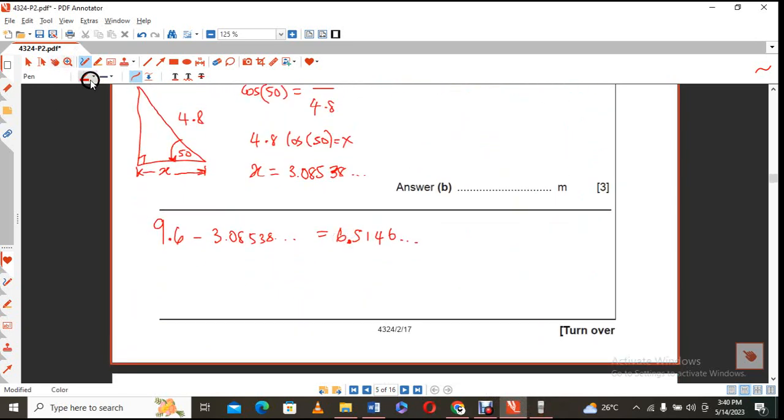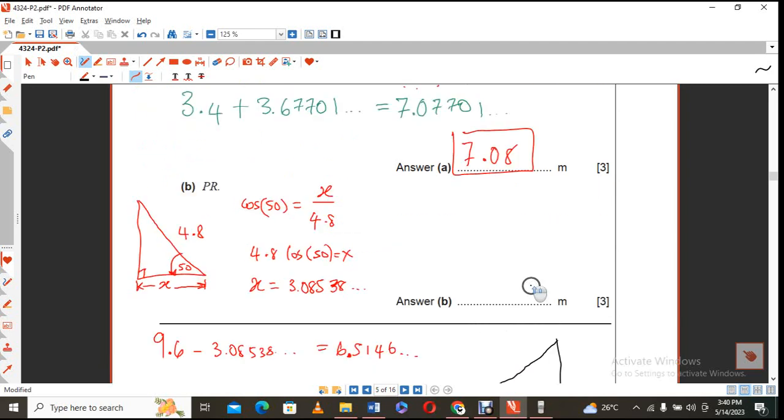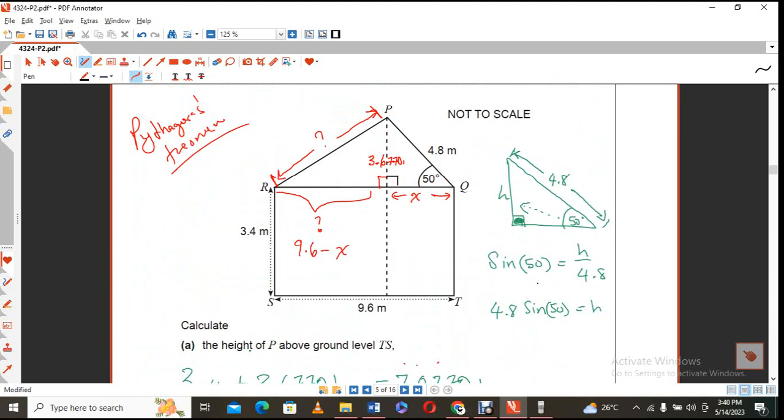Perhaps I just have to bring it in here. So my new right angle triangle is now this. 6.5146, remember, this is the height. I'm now on this side of the right angle triangle.